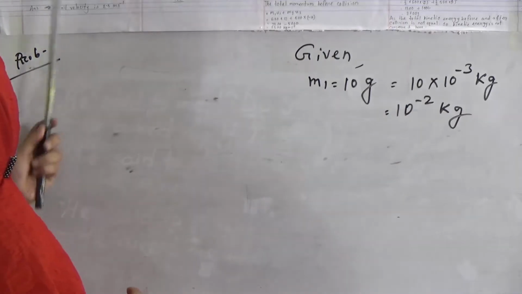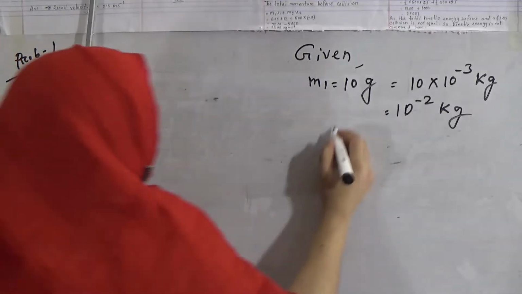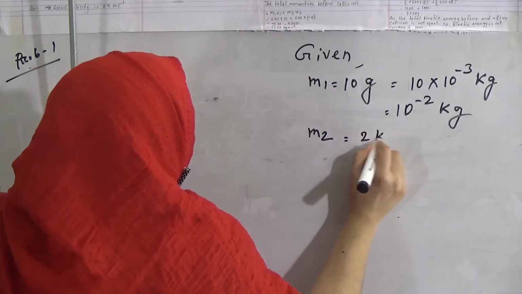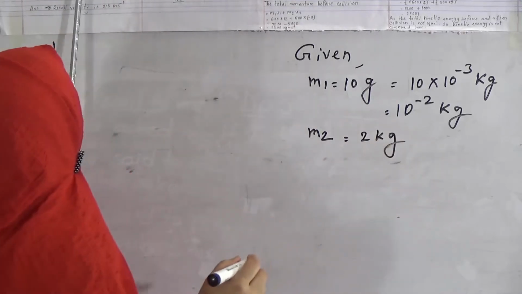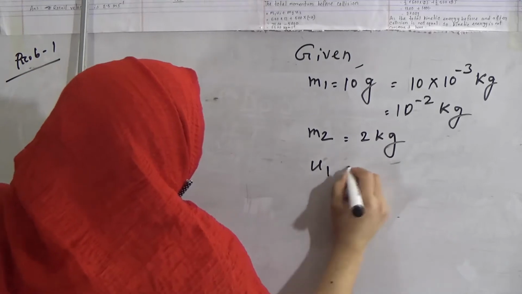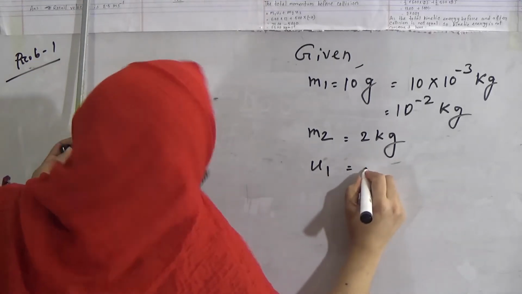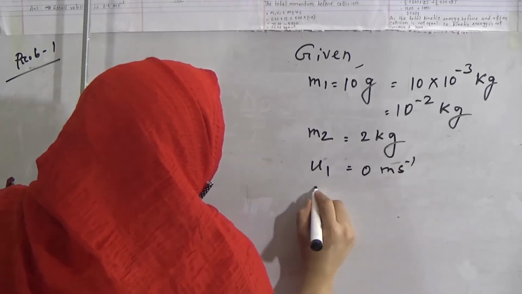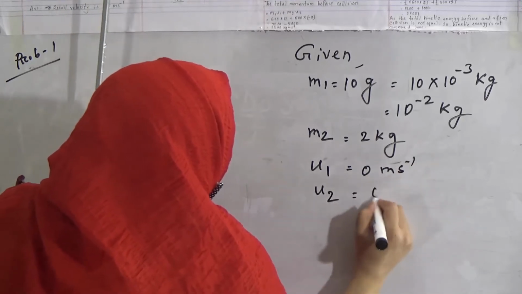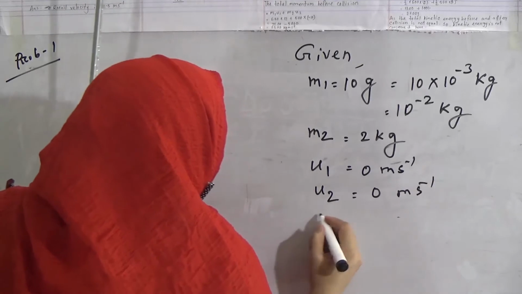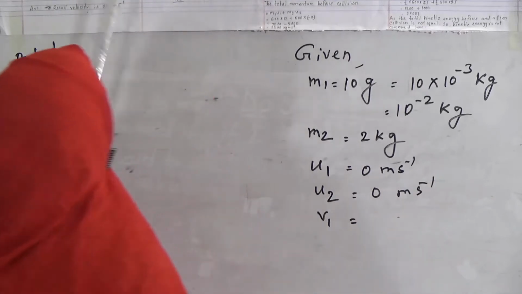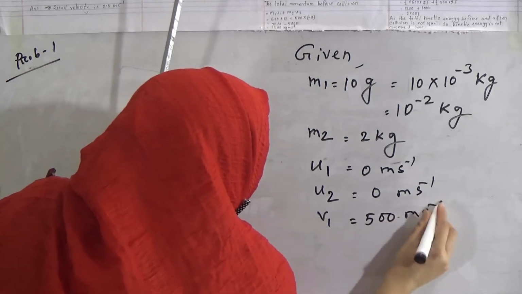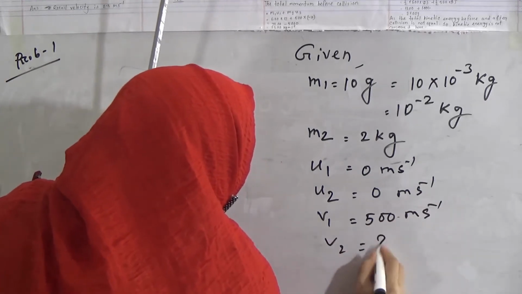The mass of the gun is 2 kg, so the mass of the gun m2 is 2 kg. The initial velocity of the bullet u1 is 0 meter per second. Initial velocity of the gun is also 0 meter per second. The final velocity of the bullet is 500 meter per second.